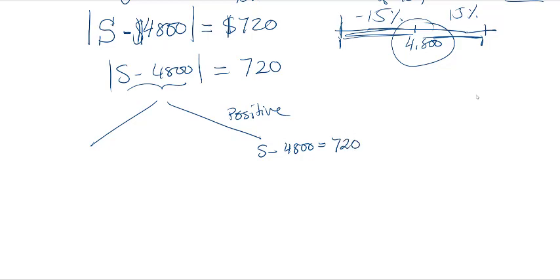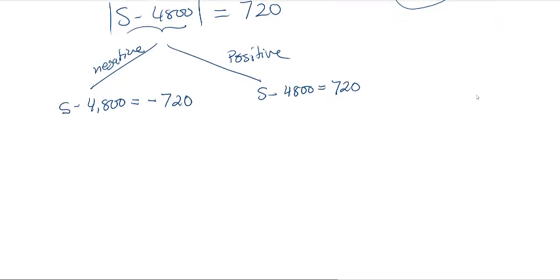But we also have to look at the case that S minus 4,800 is negative, in the case when we're looking at a lower price. So S minus 4,800 is negative, and therefore it equals negative 720. And we have to solve both these equations and look at the prices we get and make sure that they make sense in terms of results for this word problem.